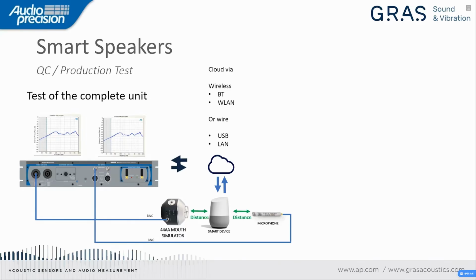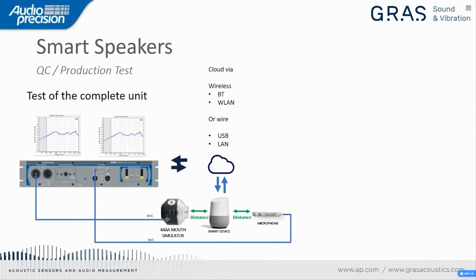So we need either a Bluetooth connection to our test equipment, or we need a LAN or wireless LAN connection to our test equipment, or it could also be wired via USB or a wired LAN connection.